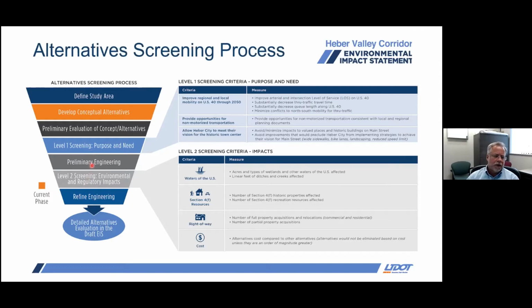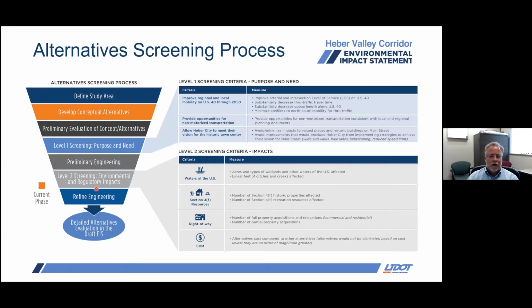Next, we'll do some preliminary engineering. We'll develop a footprint for each of the remaining alternatives, and then we'll move into our level 2 screening. It's at the level 2 screening level where we begin to look at impacts of each of the alternatives. We'll be looking at impacts to some of our key resources.